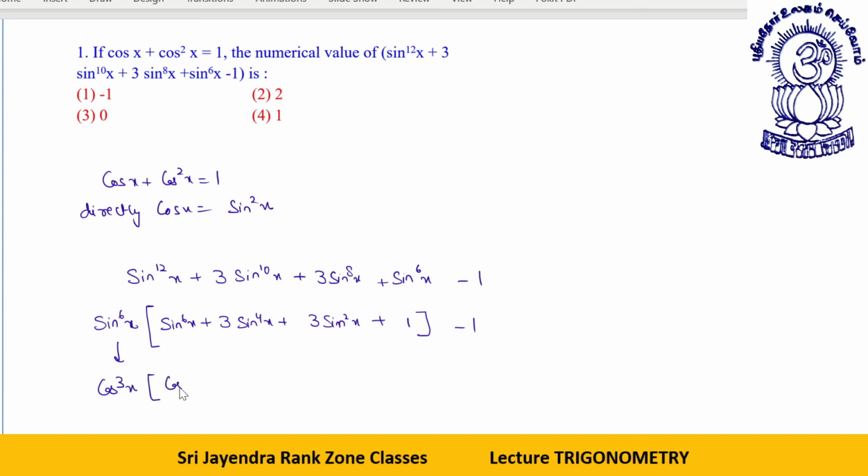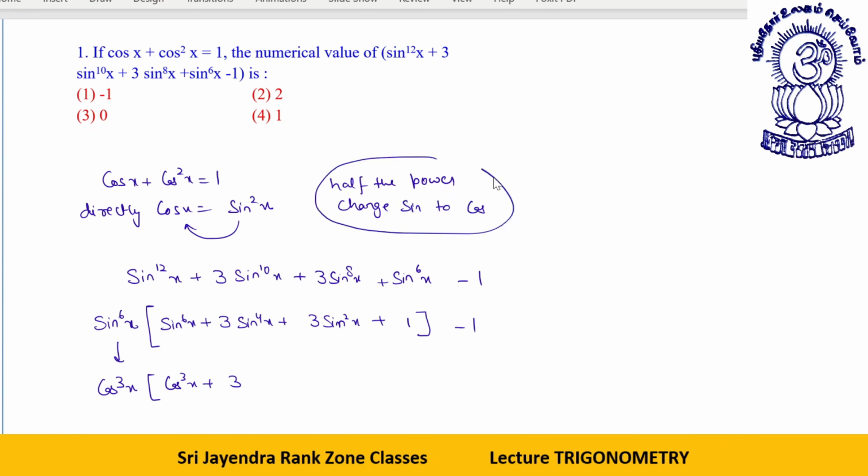What we do is halve the power and change sine to cos. Sine to cos. Half the power and change sine to cos. That is 3 cos square x plus 3 cos x plus 1, minus 1.